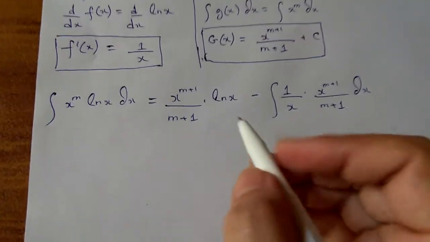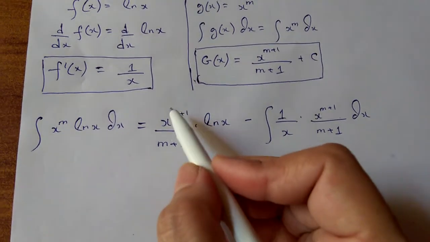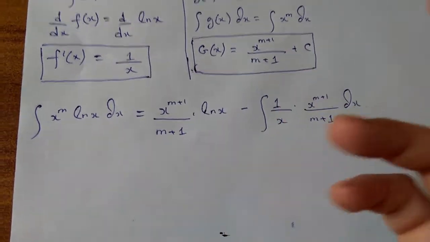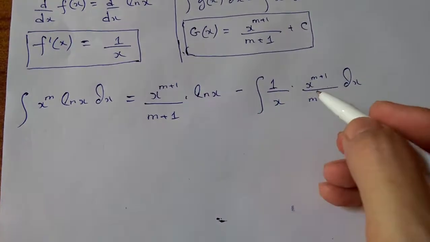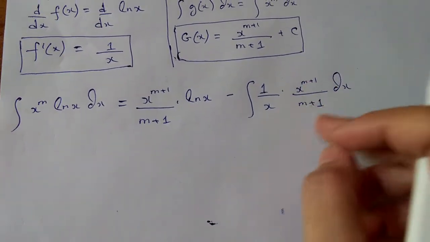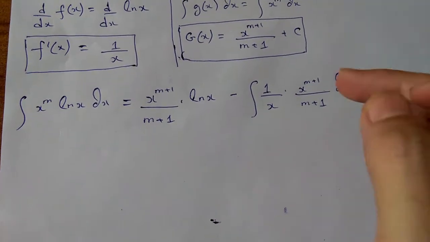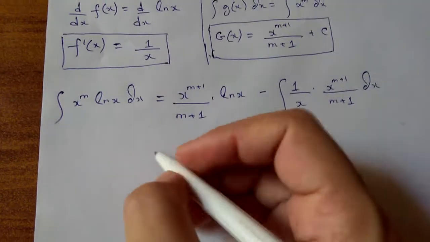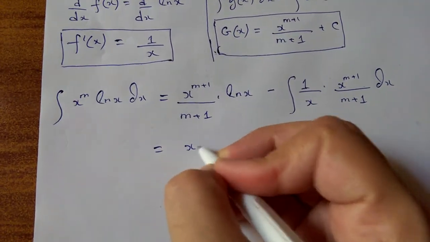You know that m is taken as a number here. It is basically a constant thing. So 1 upon m plus 1 is a constant, so you just take it outside your integral.